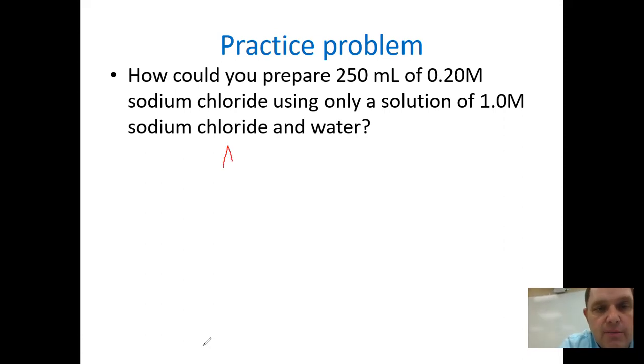Well, we kind of talked about this through that first one, but let's do it one more time. Again, Mr. Foss will always put the higher concentration on the M1. So that's a 1.0. We want to know how to prepare it, so it's kind of like the same question. I want to know how much of this stronger concentration I need to use. So our math is the same as what we did before.